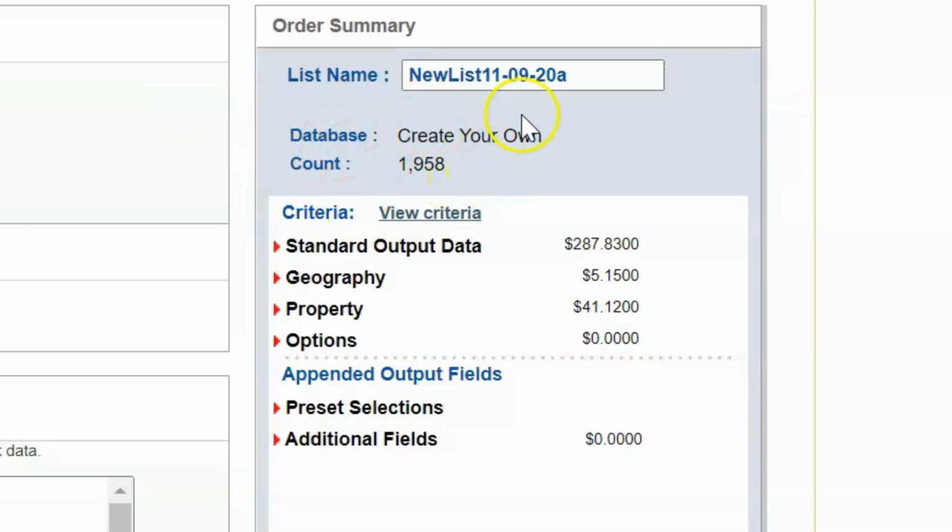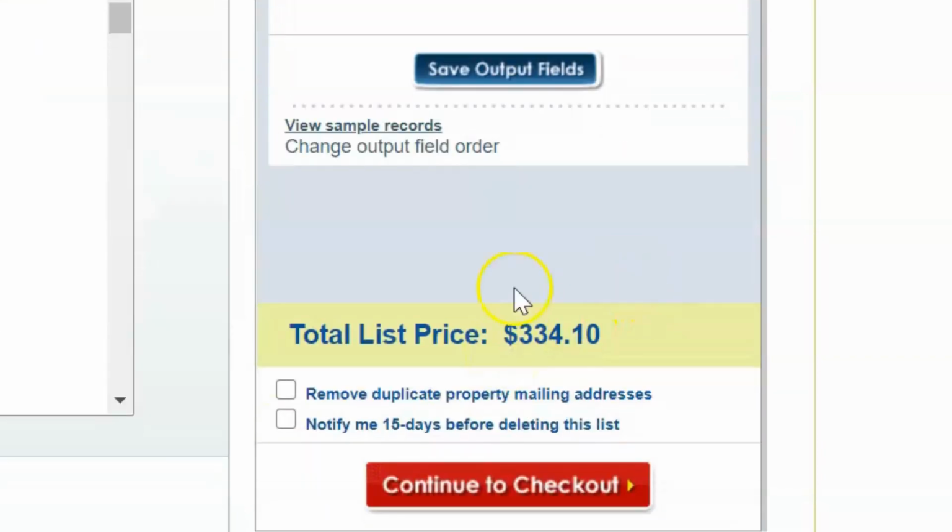On that website, I just pulled a list right now just to look at the cost. A list of about 2,000 records will cost you $334. So as a beginner, a person who doesn't have a lot of money, that can be a lot of money, right? Yes, that list can probably make you 10, 20 grand, but a lot of people don't have that money starting off with, right?